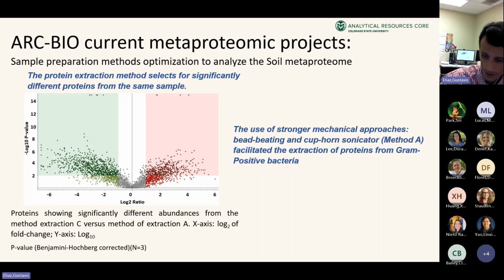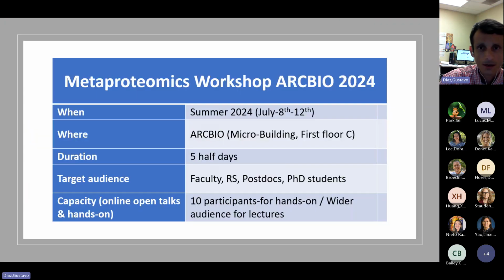So I think that's all that I have for today. Before giving the space for some questions, we want to invite everyone to a Metaproteomics workshop that we are going to be conducting here in the ARC. It's going to be this summer, the week of July 8th to July 12th, and it's going to be in person.